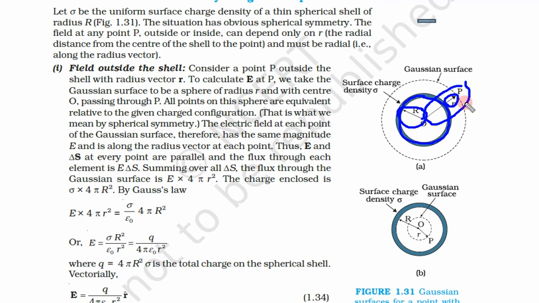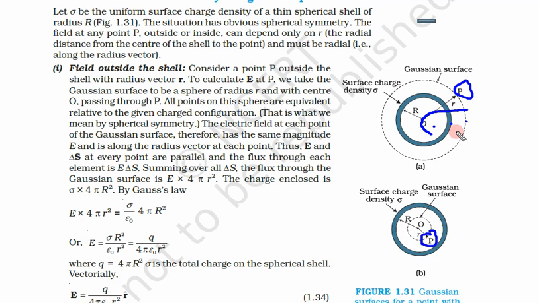There could be two conditions: P is outside the shell, or P is inside the shell. In class 11 we solved a problem about gravitation on the surface of the earth, above the surface of the earth and inside the earth.